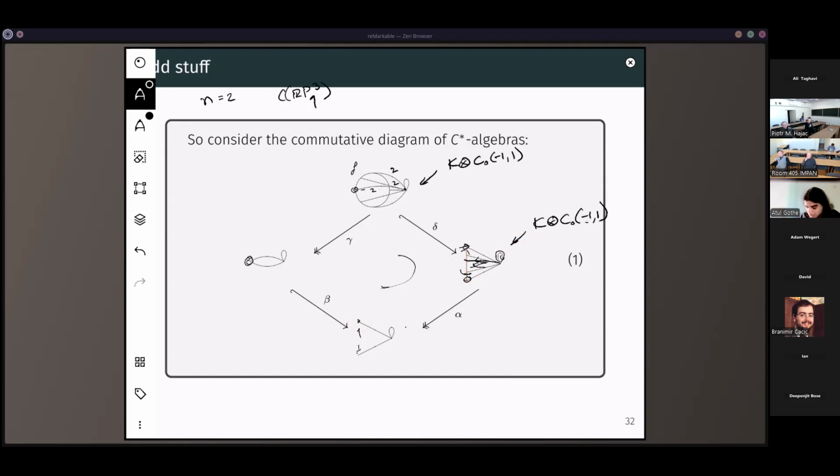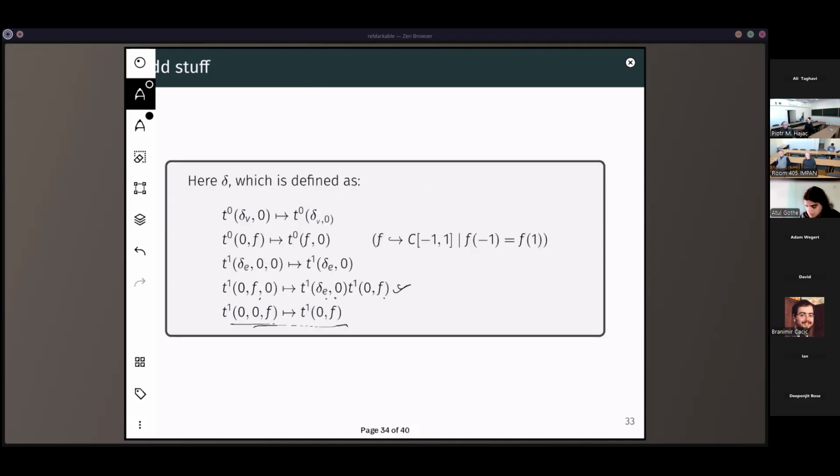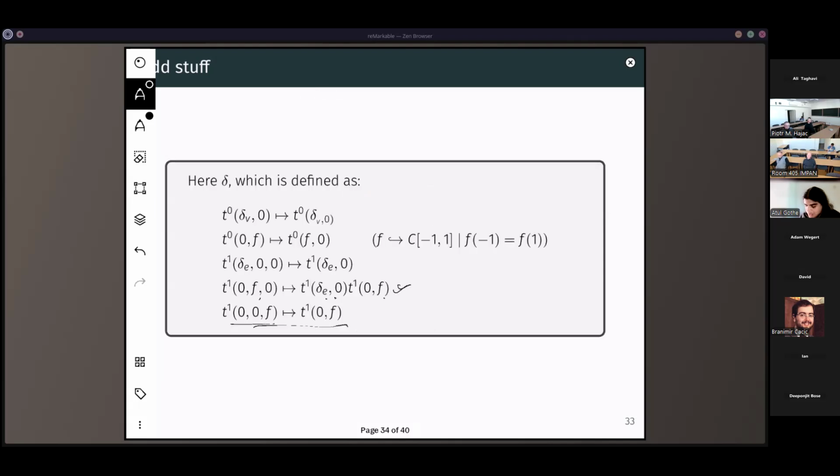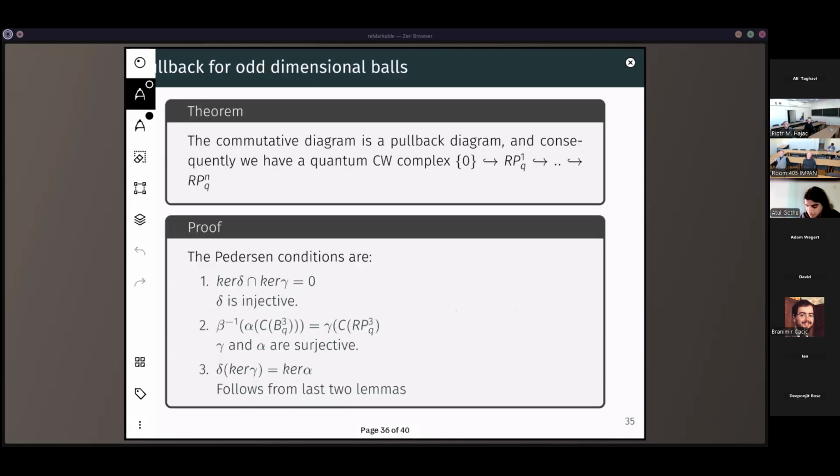And the same thing here, because when we remove a vertex from a circle, that is homeomorphic to the open interval (-1, 1). So alpha mirrors what is happening in gamma, and beta mirrors what is happening in delta. And since they have the same kernels, and delta is an injective map which takes this kernel into here, this commutative diagram is in fact a pullback diagram.